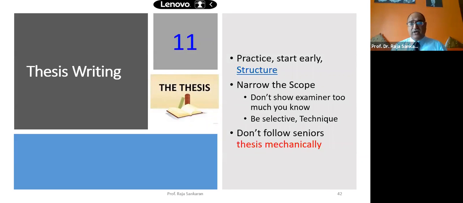I'll come to a couple of these points which are related to your thesis writing as well as your final defense. In the thesis writing, I think this was one of the questions which was asked with respect to structuring. Now, again, the structuring of your thesis should start from quite the initial phases.